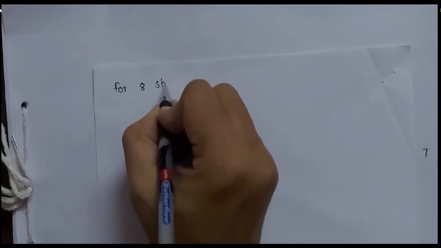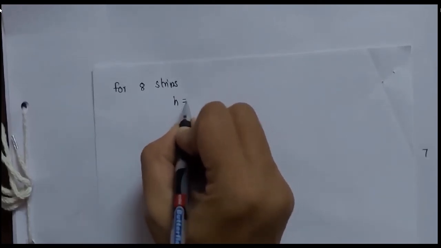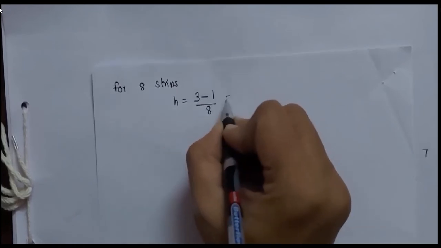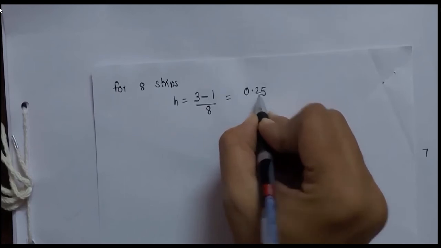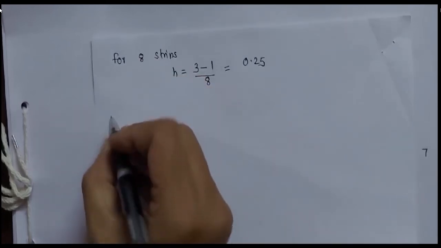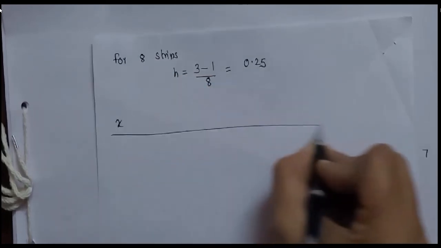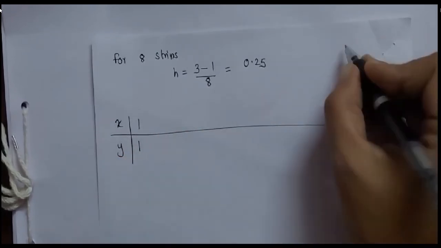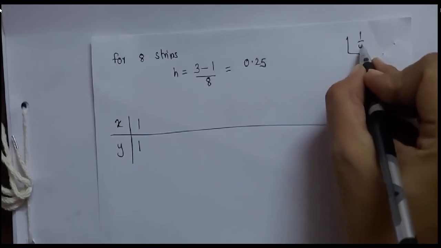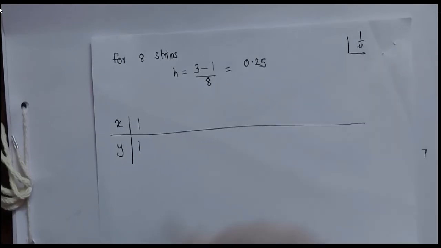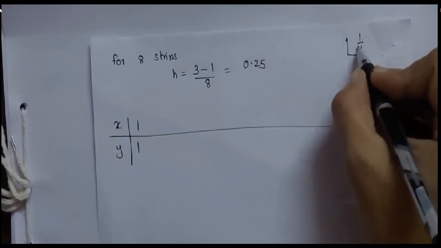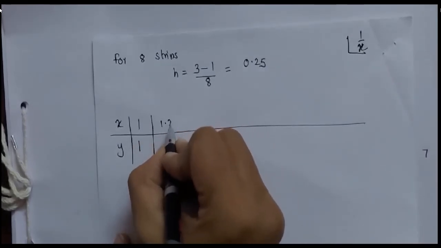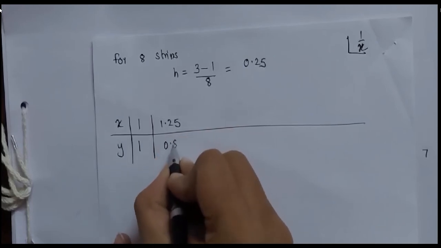For 8 strips, h is equal to the upper limit 3 minus the lower limit 1, divided by 8, which is 0.25. Now our second duty is to draw the table. When x is 1, y is also 1, because the function is 1 by x. When x is 1.25, the value is 0.8.